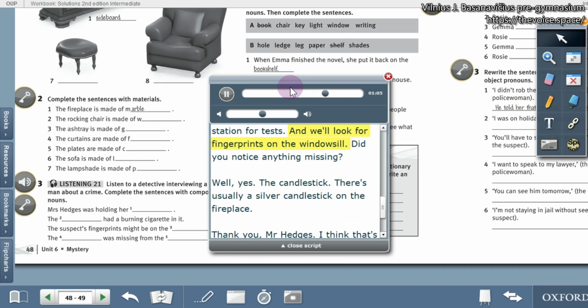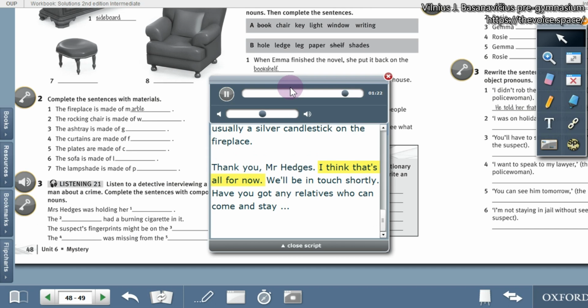And we'll look for fingerprints on the windowsill. Did you notice anything missing? Well, yes. The candlestick. There's usually a silver candlestick on the fireplace. Thank you, Mr. Hedges. I think that's all for now. We'll be in touch shortly. Have you got any relatives who can come and stay?